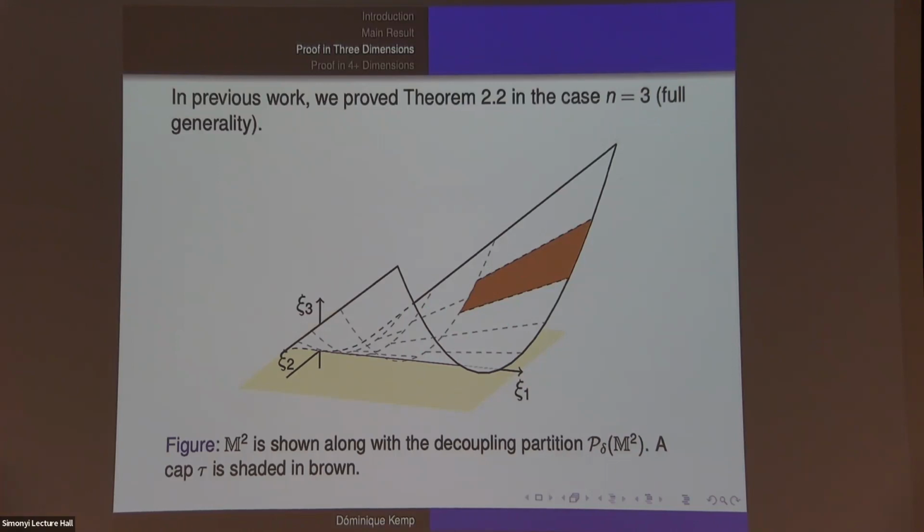So notice that these caps, the sort of linear side, if you will, these are honest lines in the hypersurface. So those line segments get longer as you're moving away from the moment curve. This is the moment curve here, by the way.